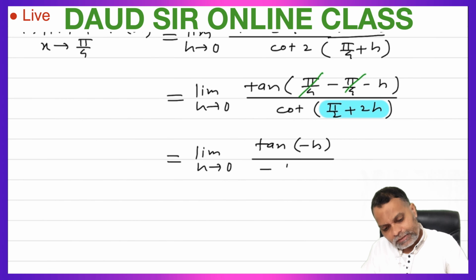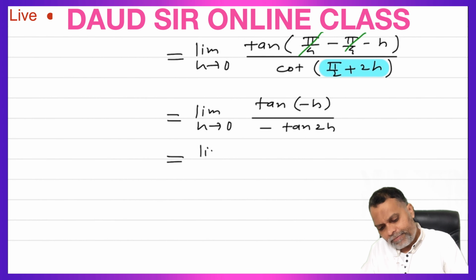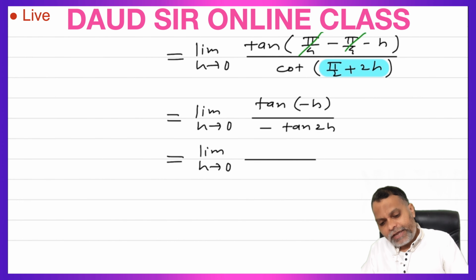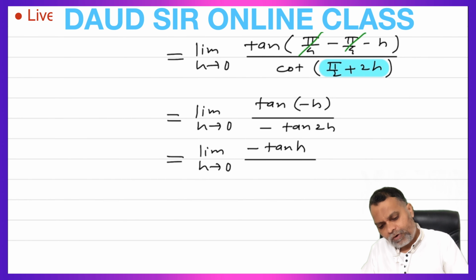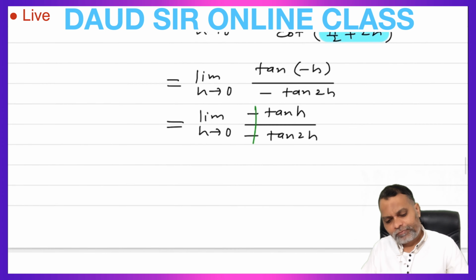So minus tan 2h, which is equal to limit h tends to 0, tan minus theta is minus tan theta, so minus tan h upon minus tan 2h. This minus minus cancelled.